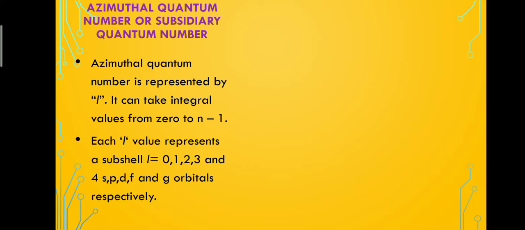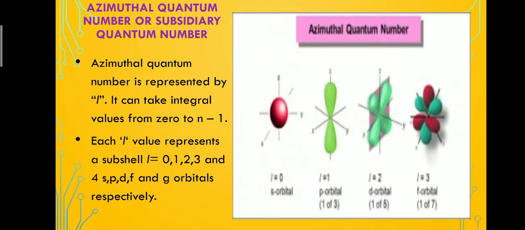For example, if n is equal to 5, l can have the values 0, 1, 2, 3 and 4. So it can take the values from 0 to n minus 1. These are the azimuthal quantum numbers.